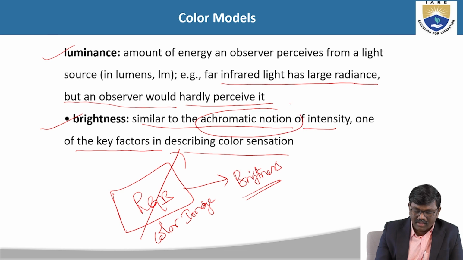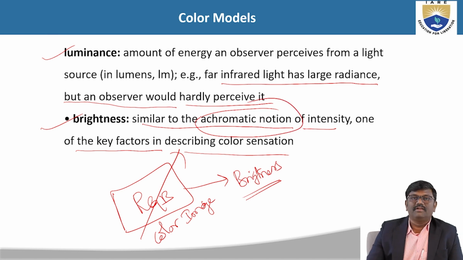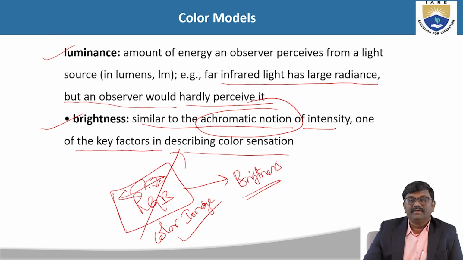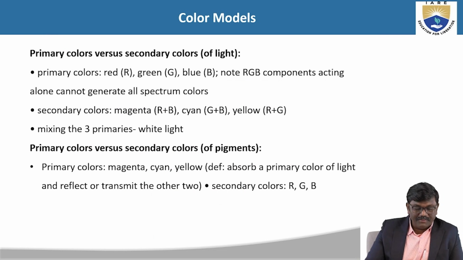By applying the chromatic notion of intensity, one of the major key factors in describing color sensation. Color differences here are red to green, green to blue. So you are varying these three colors from one to another based on your required brightness. Next, coming to your color models.